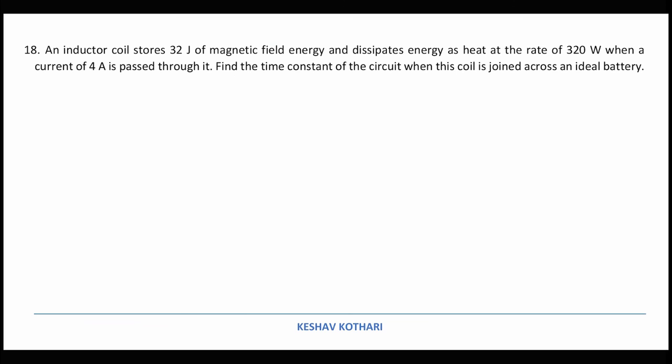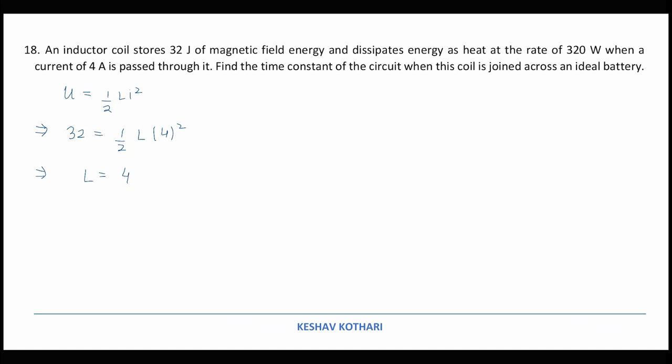If we consider this problem, the energy stored in the inductor is U equal to half L i square. So the energy stored is 32, which is equal to half L times 4 square. The inductance of the inductor comes out to be 4 Henry.